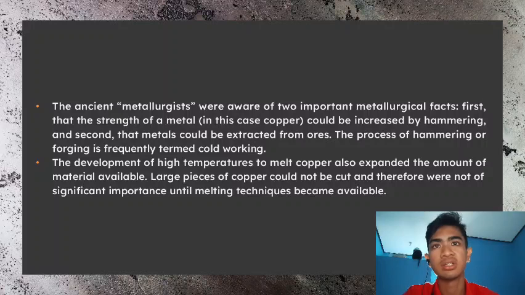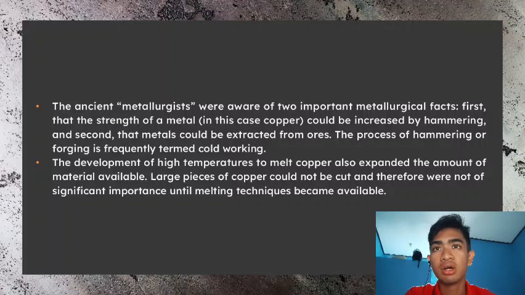The observation that metal could be extracted from ore was vital to the development of metallurgy because the supply of native metal was quite limited. Before metallurgy could emerge as an art or science, the ancient metallurgists had to be aware that the supply of raw material was not limited to the native metals.